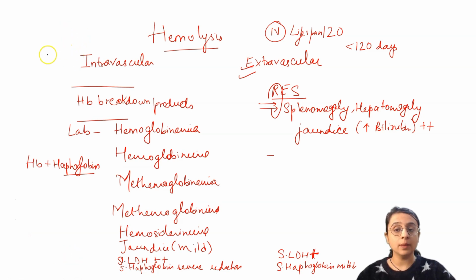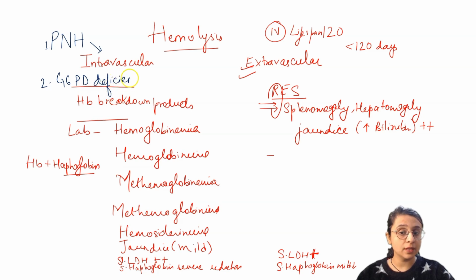Now very important students, few examples we will see that you should know comes under which category. So if I ask you any important example of intravascular hemolysis, yes, PNH is predominantly intravascular, right? Along with that, G6PD deficiency. So if I ask you G6PD deficiency is intravascular or extravascular, it depicts both, but intravascular hemolysis is much more than extravascular. Now what are the important types or causes of extravascular hemolysis?